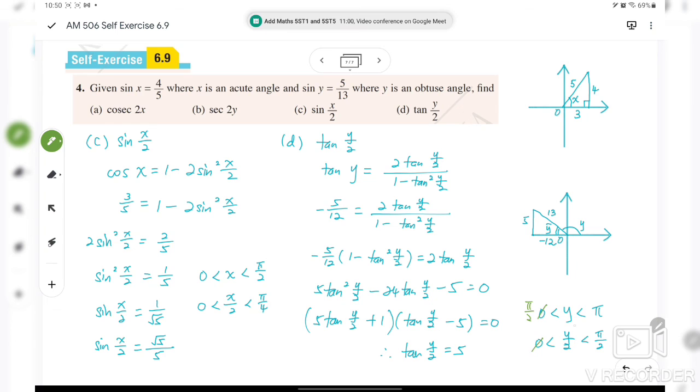Then if y becomes half of it, pi over 2 becomes pi over 4. So y over 2 falls in the range of pi over 4 to pi over 2, which is still in the first quadrant. So if y over 2 is in the first quadrant, then the tangent value of y over 2 will be only positive 5. That's all. Thank you.